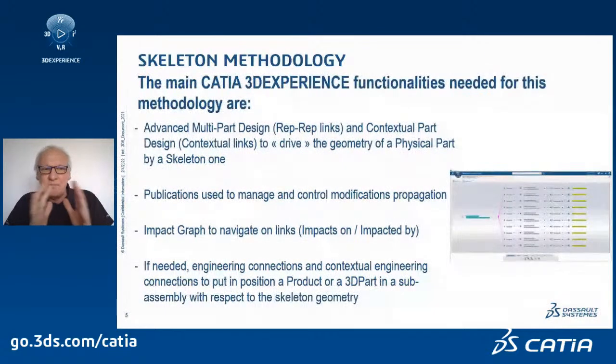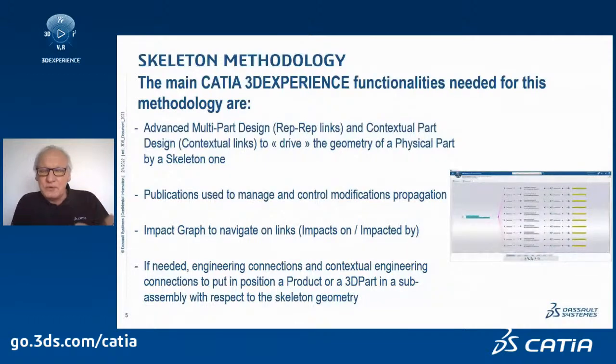How do you implement this skeleton methodology? By using just the links that I was talking about, multi-part design, the rep links, but also the contextual link. You will use also publication, and I will explain to you what is a publication. And you will use, most of the time, the impact graph. You can see here a picture on the right, to navigate on links, to know what is impacted by a modification of your part, and what you are impacted by when you are designing a part, okay?